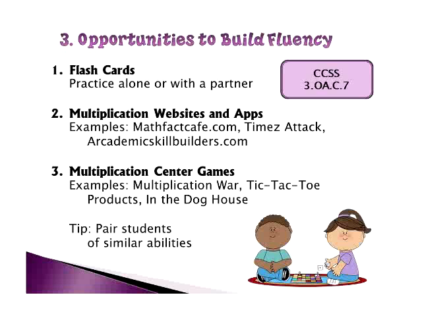One thing down at the bottom of the page here, I've got this little tip. It says pair students of similar abilities. When kids are studying their times tables and practicing fluency, it's really not fair to put the student who can do 100 problems in a minute with the kid that can only do 15 problems in a minute.